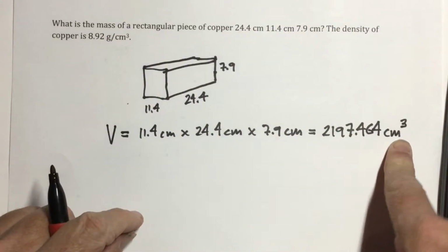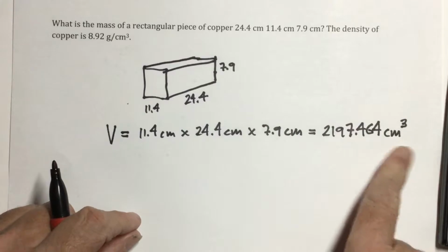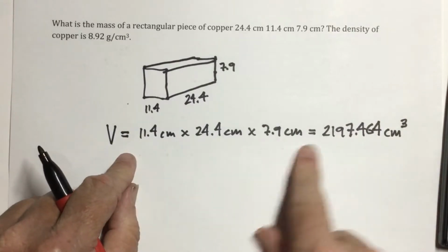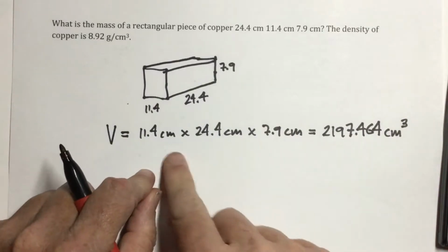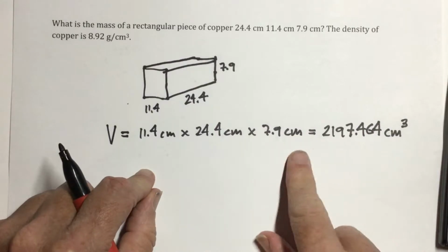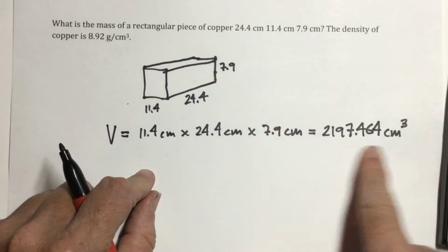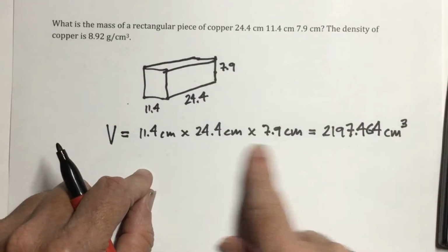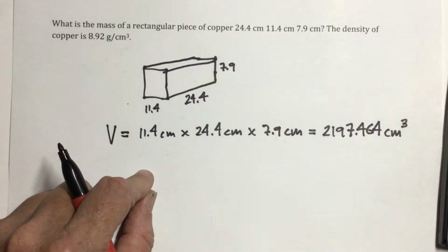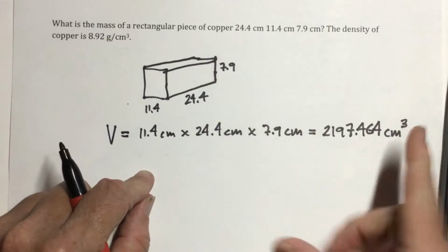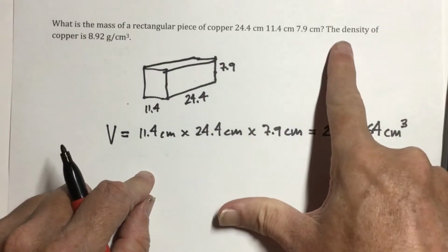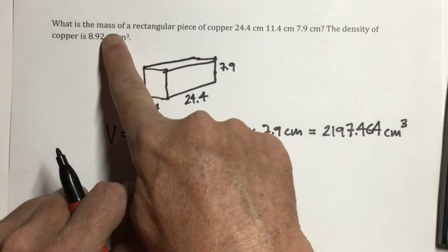Remember to cube your units too, because we're not only multiplying the numbers, we're multiplying the units. So centimeters times centimeters times centimeters is centimeters cubed, or centimeters to the third power. Now this number here does not correspond to my significant figures, but I'm not going to worry about that. I will worry about that in my final result, because what I'm trying to find is the mass.